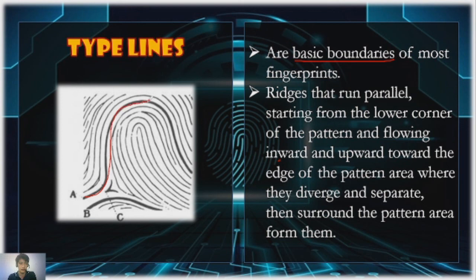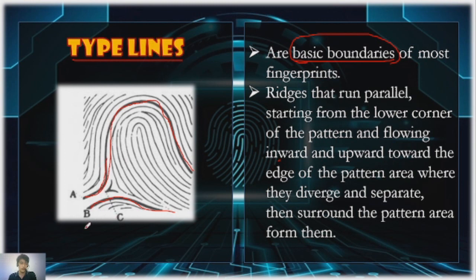Then we follow the ridge until it ends. On the other side, because these ridges run parallel, the same happens, and with that we were able to identify the boundaries of the fingerprint pattern. So this is the type line.